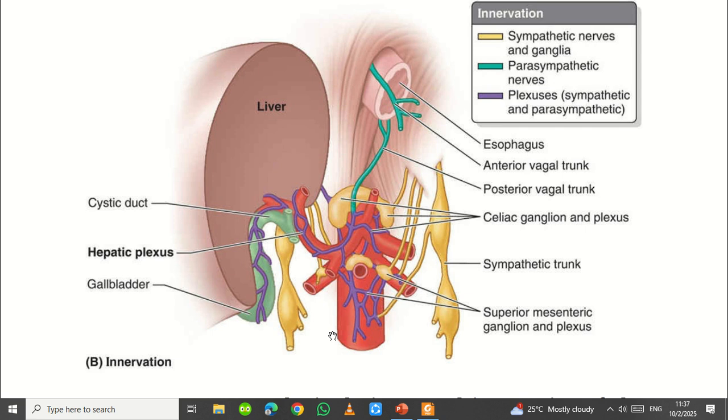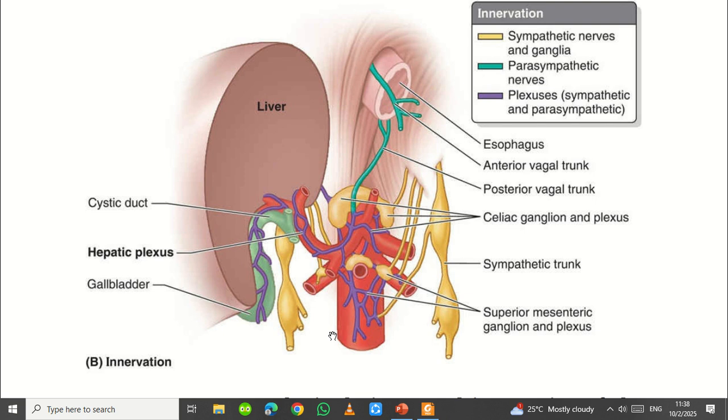If you remember very well the course of the anterior vagal trunk, when we did the anatomy of the stomach, we said the anterior vagal trunk has a major contribution from the left vagus nerve, and when the anterior vagal trunk leaves the esophageal hiatus, it goes anterior to the stomach. It gives a branch which is called the hepatic branch, right? And this is the hepatic branch that is going to form the hepatic plexus. You understand? Good. So that's basically the innervation of the liver, right, guys?